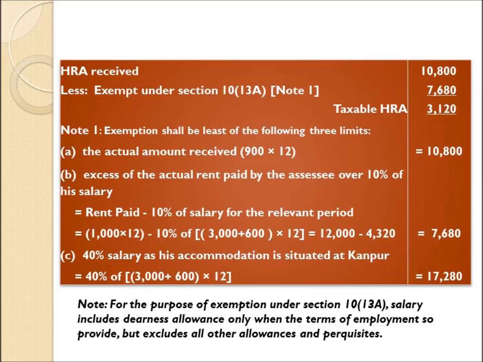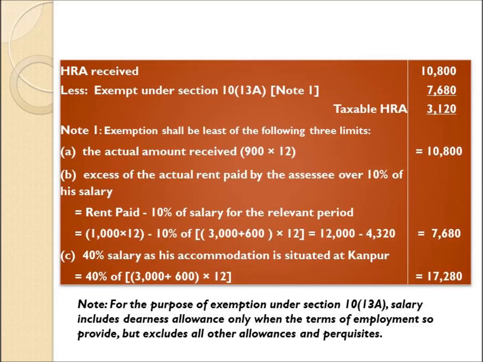And what is 10% of salary? Salary will only include the basic pay and dearness allowance forming part of salary. And it was given in the question that the dearness allowance forms part of salary for retirement benefits. So the DA will be included in the salary.